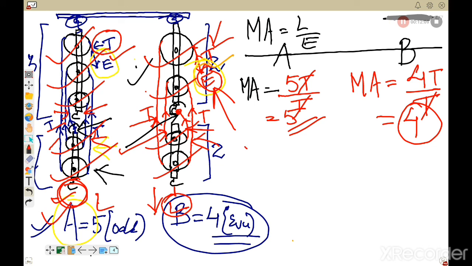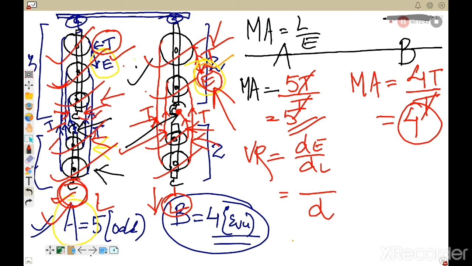Understand? Now velocity ratio. Velocity ratio is the ratio of the distance moved by the effort to the distance moved by the load, dE by dL. Now for this also, if the distance moved by the load is D, then the distance moved by the effort will be equal to the distance moved by each and every segment of the string.